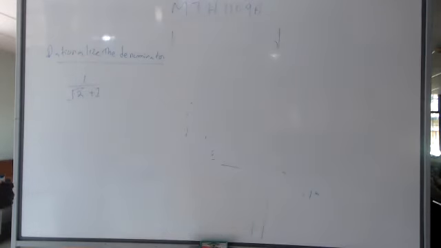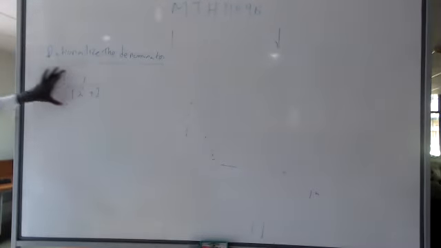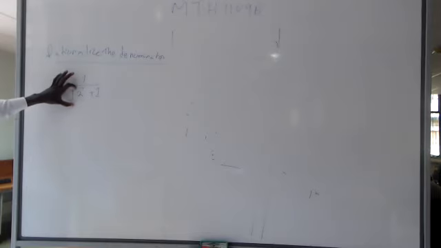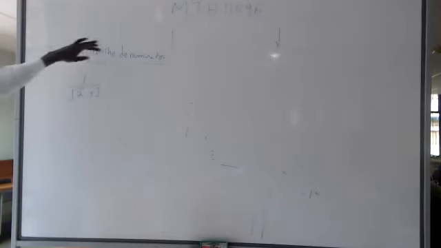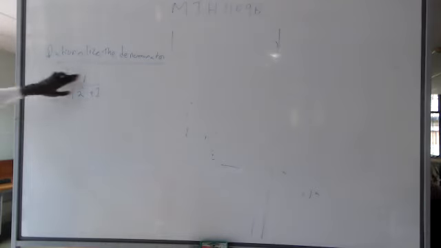So in this case, we have an irrational number in the denominator, which is root 2. We want to make sure this denominator has no irrational term in it. So we want to get rid of this root symbol in the denominator.